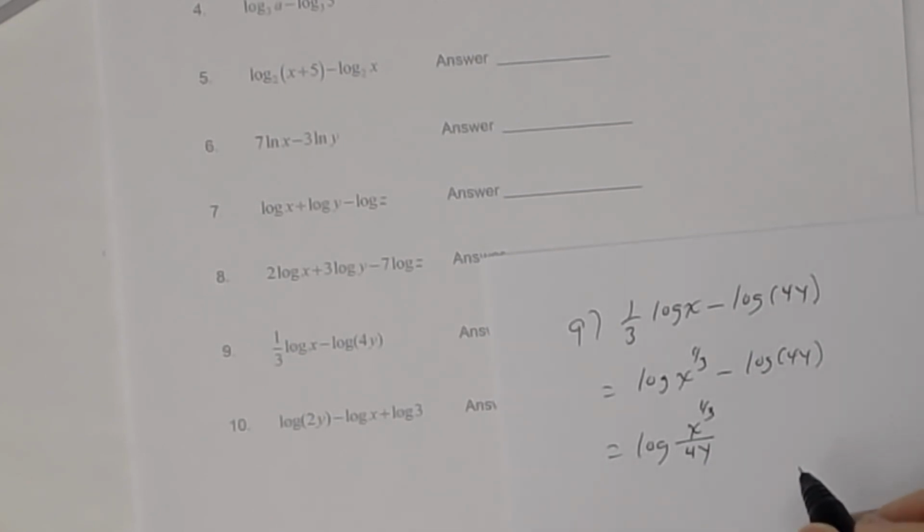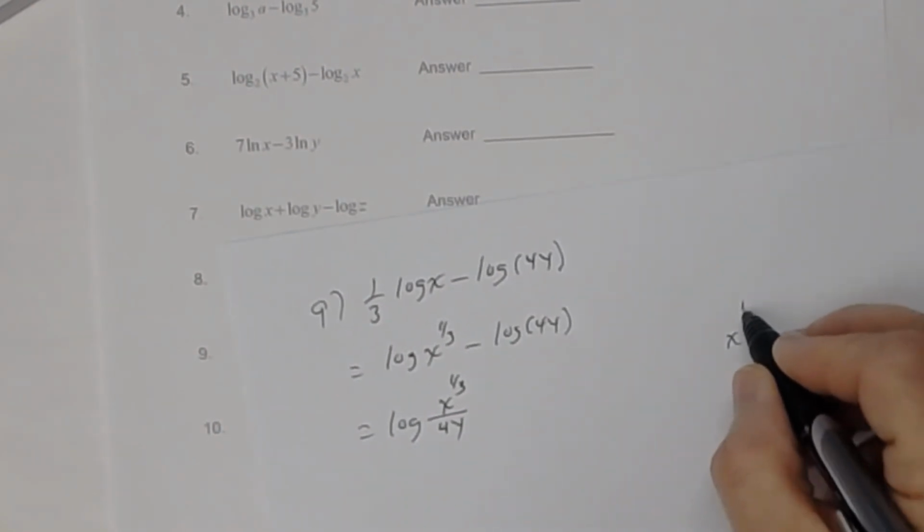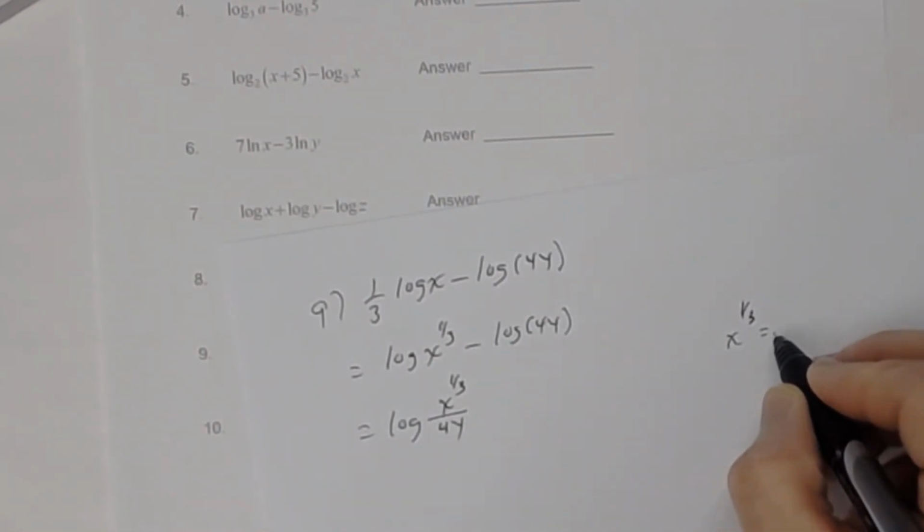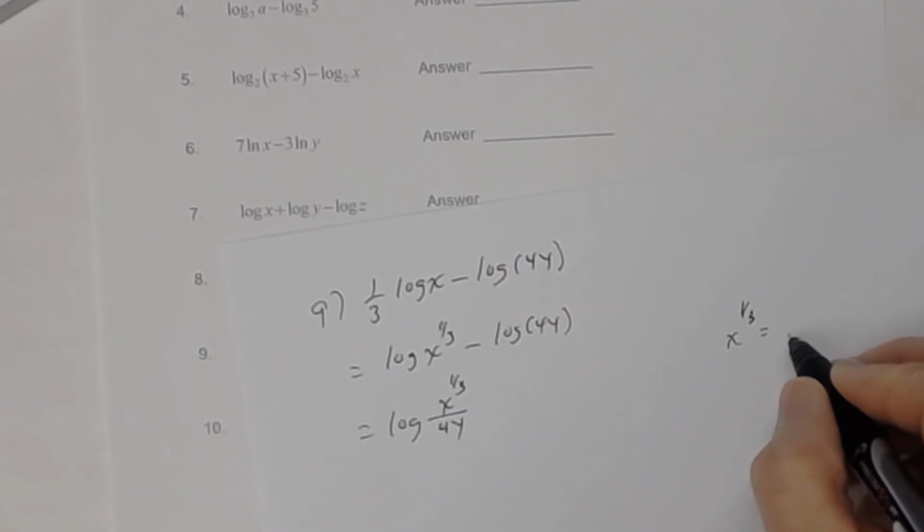One thing I've got to remind you of though, whenever you have an exponent that is not a positive whole number, rewrite it. This is a rational number like a fraction, 1/3. So you're going to remember the fact that x to the 1/3, rational exponents, you can rewrite using radical notation.